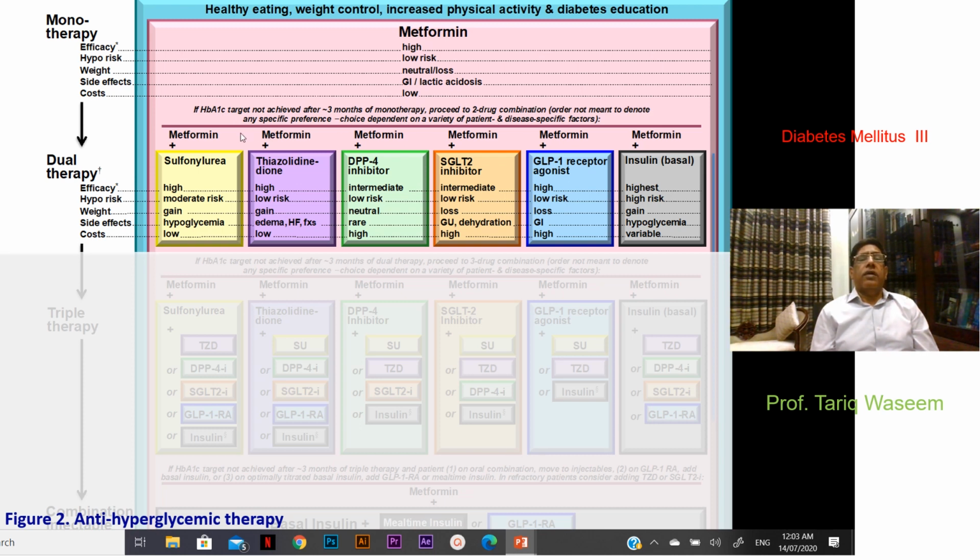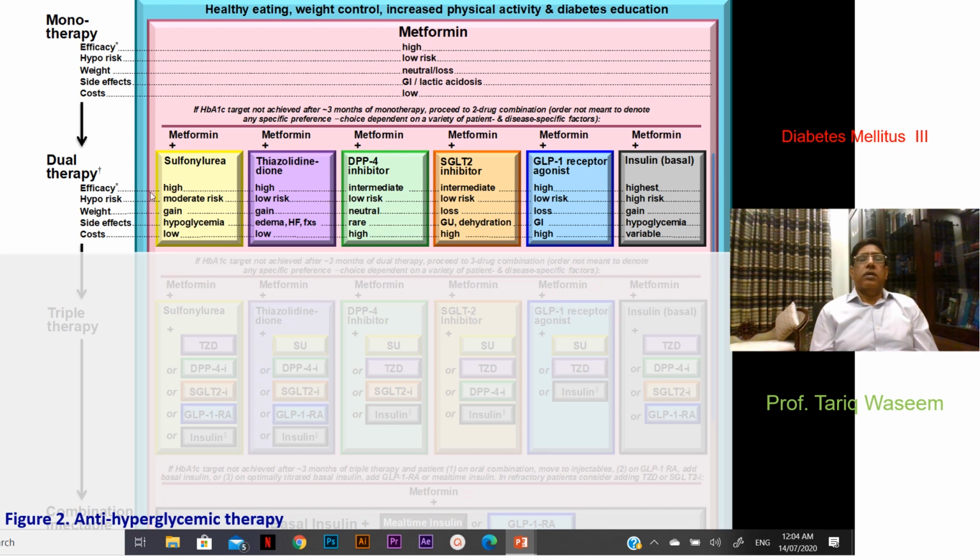But if it does not work, then this is the time to go for dual therapy, that is, in addition to metformin you can add any of the agents: either a sulfonylurea or thiazolidinedione as the second step, or a DPP4 inhibitor, or SGLT2 inhibitors, or a GLP-1 receptor agonist, and sometimes you may think of starting insulin very early on, provided there are, as we said, multiple risk factors which you think can possibly lead to increased cardiovascular disease risk.